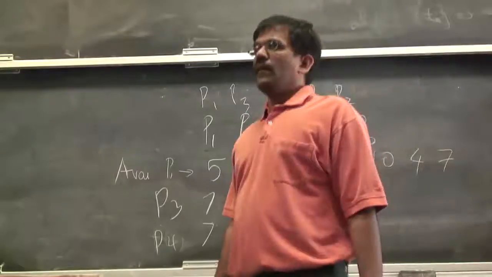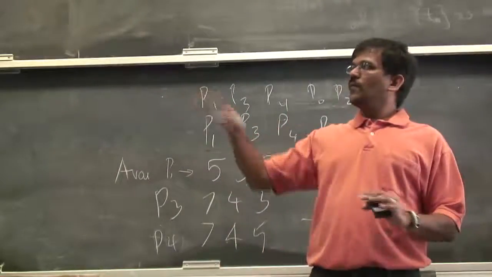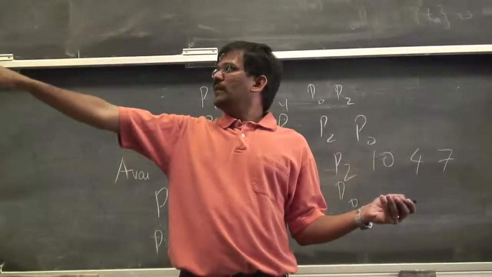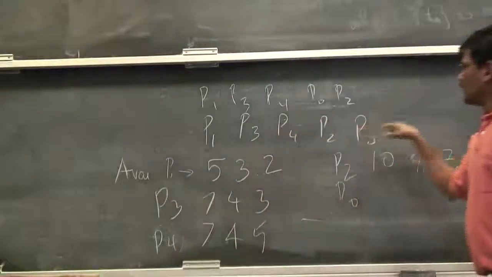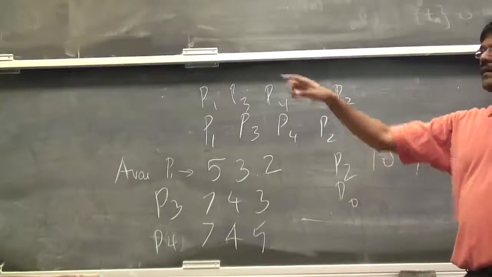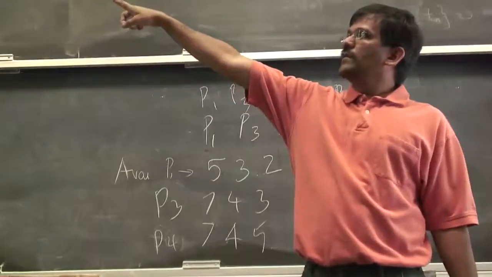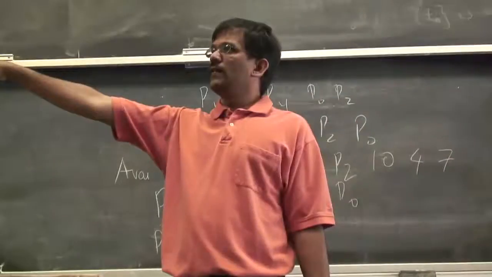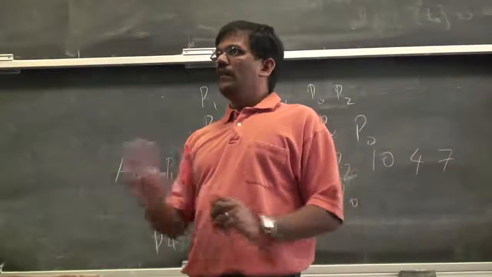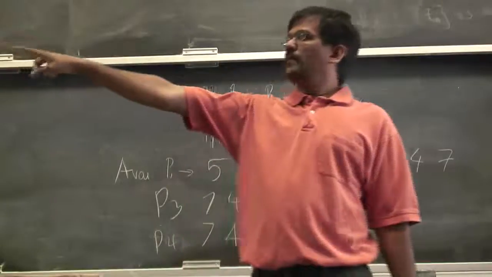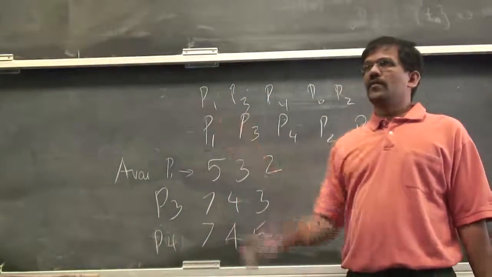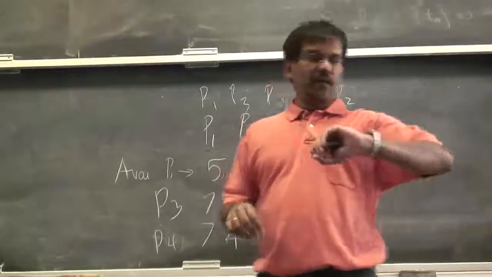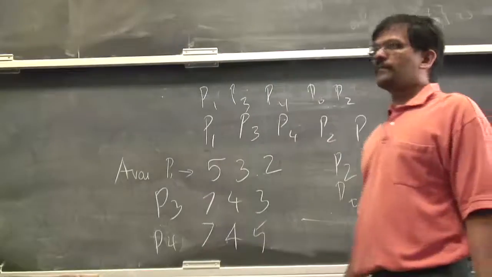And that sequence keeps changing depending on what your state is. If you look at the previous case, at this stage, P1, P3, P4, P2, P0 worked. But if you allocate 1, 0, 2 to P1, then the safe state changes, and the safe execution is for P1, P3, P4, and so on. So it depends on what was allocated and what was asked.